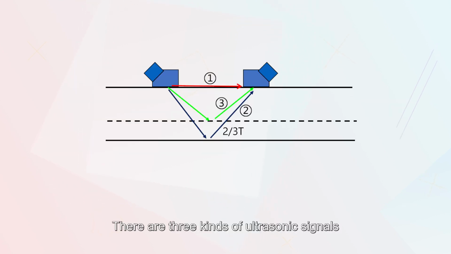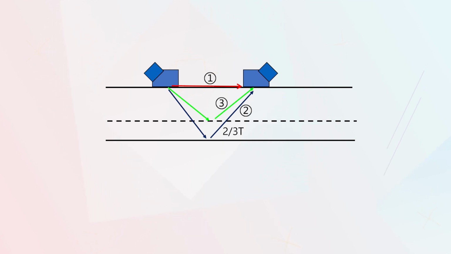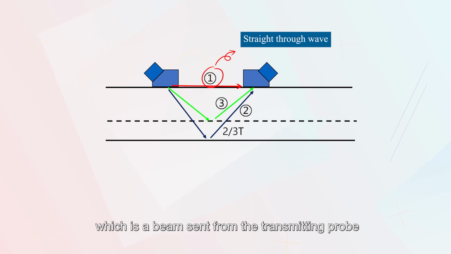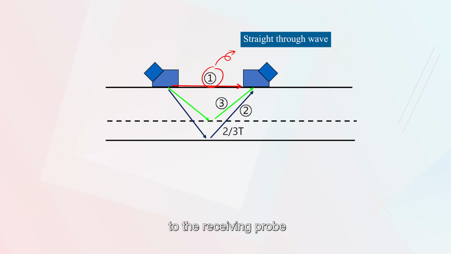There are three kinds of ultrasonic signals in the detection process, as shown in the figure. One is the straight-through wave, which is the beam sent from the transmitting probe to the receiving probe along the shortest path along the workpiece, as shown in figure 1.